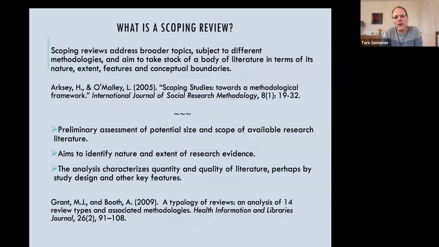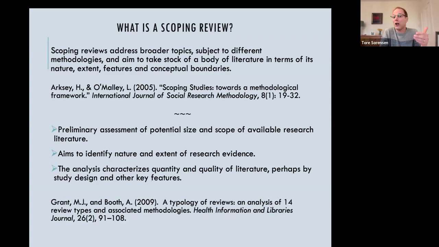There's this article by Arksey and O'Malley. It's cited a lot. It gives a quite useful definition, I think, when they say that scoping reviews serve addressing broader topics, subject to different methodologies.